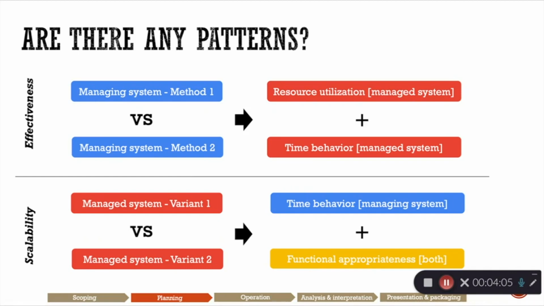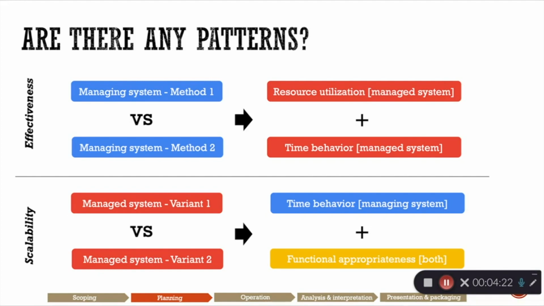Next, we wanted to identify any patterns between the evaluation objective, the independent and the dependent variables. And indeed, we managed to identify 4 such patterns. I'm showing 2 here, and I will just briefly describe the first one.